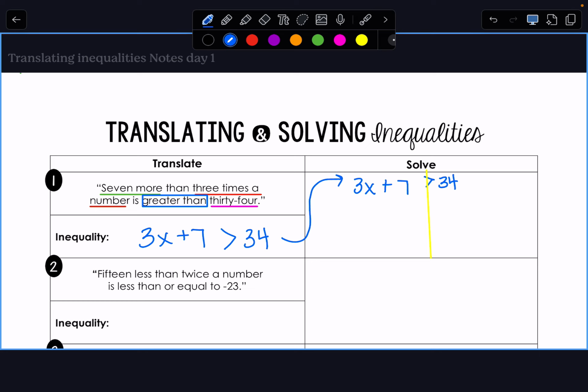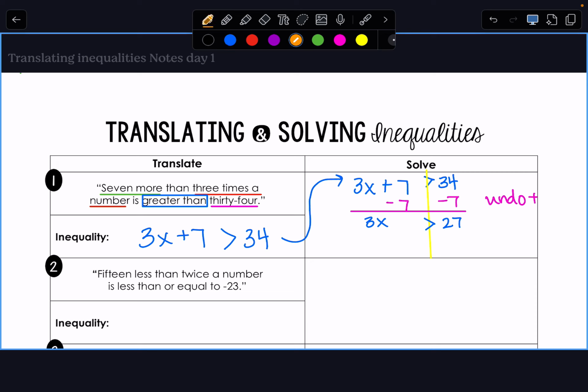What's our first step? We're going to minus the 7 because we need to undo the addition. So these cancel and we have 3x. We still have our greater than sign. What's 34 minus 7? 27. Oh, that turns out well, right?